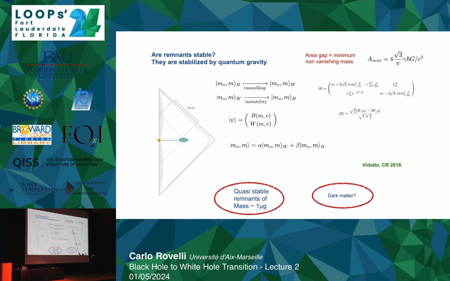You have a Hamiltonian which gives the energy of one, the energy of the other, the probability of one jumping, and the probability of the other. You diagonalize this and you find the lowest energy state, which is a combination of the two. So what you expect here now is not really a white hole. It's a white hole stabilized by quantum mechanics, which you can model as a linear combination of white hole and black hole.